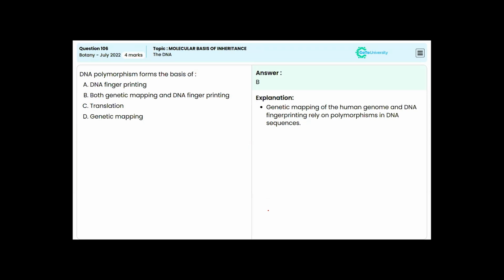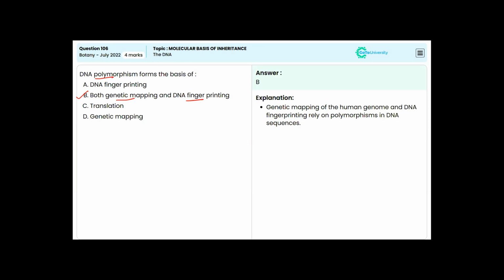Now, moving to the next question, DNA polymorphism forms the basis of what? Here the answer is option B, both genetic mapping and DNA fingerprinting. Just now we mentioned that with DNA polymorphism, every individual is different because they have a different genome. Though they have similar genes, the sequence will be different.